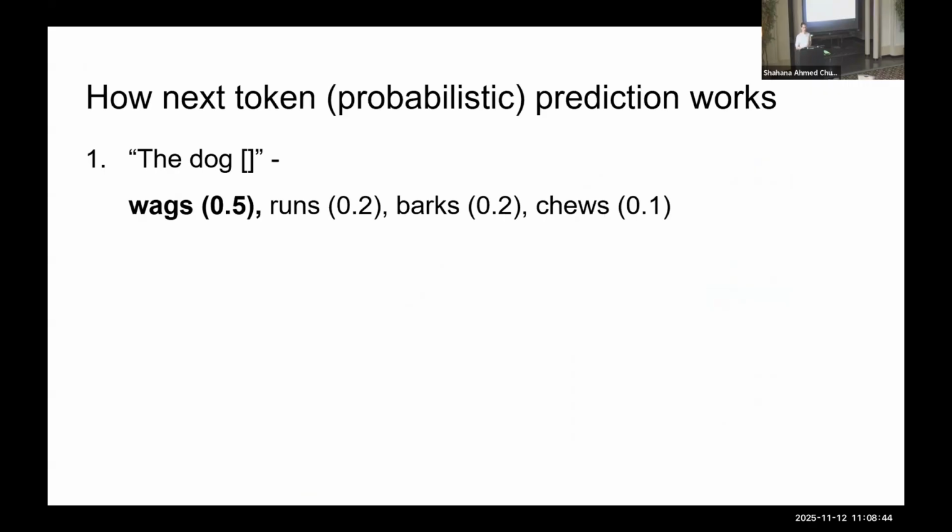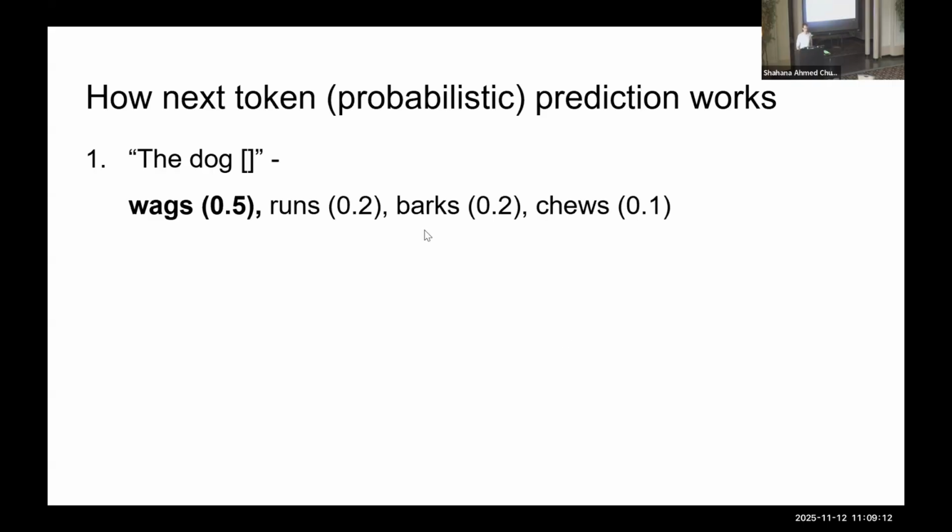And how these large language models operate is they're stochastic or random models. And so if you ask a question of the AI, each time you'll get a slightly different answer. And they work by predicting the next word or token in the sentence. So I'll start a sentence like "the dog," and I want to predict the next word.